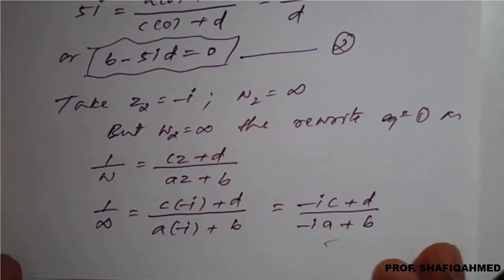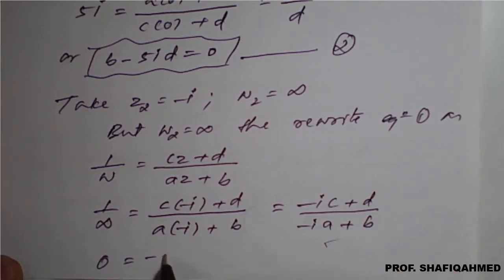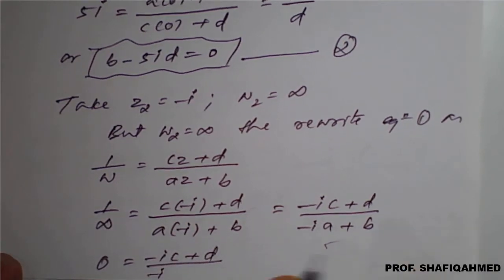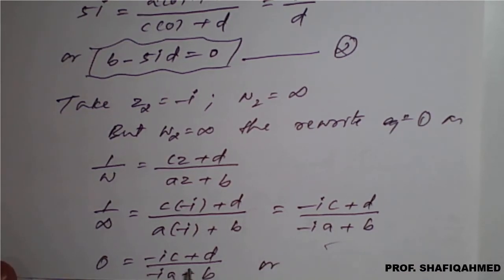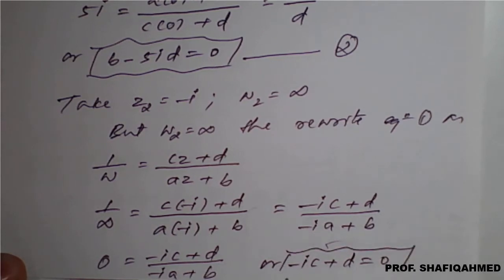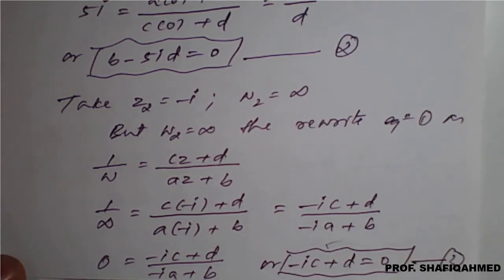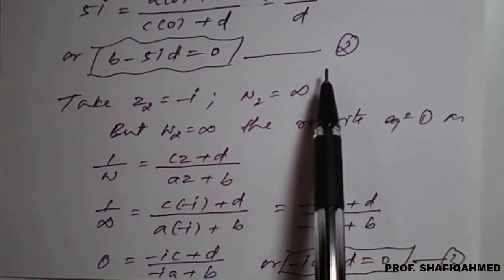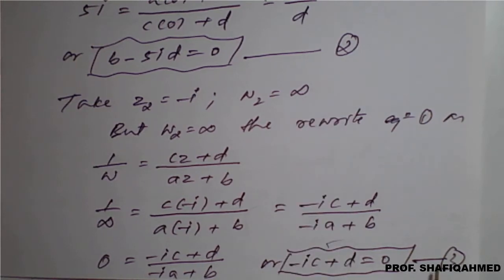So 0 = (-ic + d)/(-ia + b), or if you cross multiply, -ic + d = 0. I will call this equation number 3, to get one more constant. We got equation 2 from z1 and w1, and equation 3 from z2 and w2. By using z3 and w3 we will get the next equation.